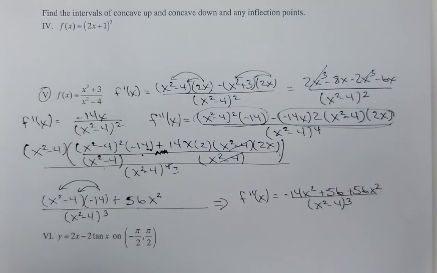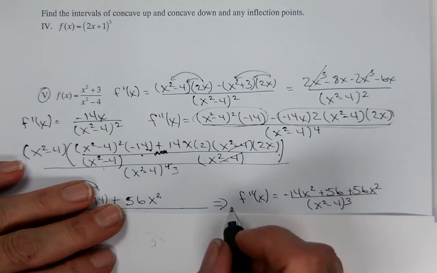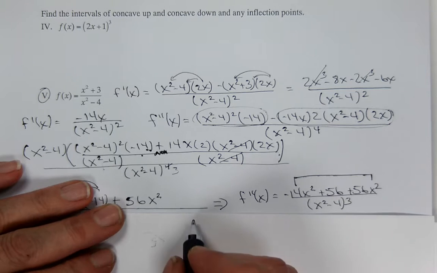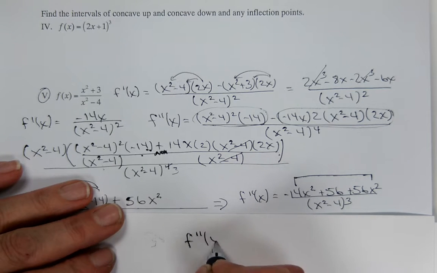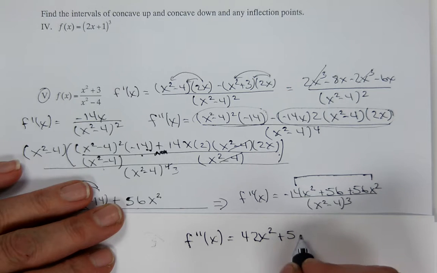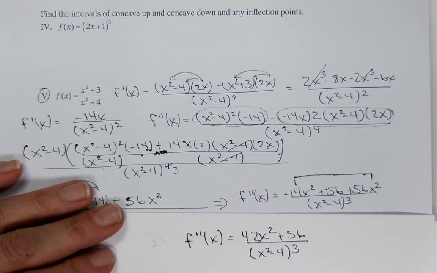And I'm going to use a different sheet of paper here to continue. And so when we combine like terms here, squared terms, we have f double prime of x is equal to 42x squared plus 56 over the denominator, x squared minus 4 cubed.